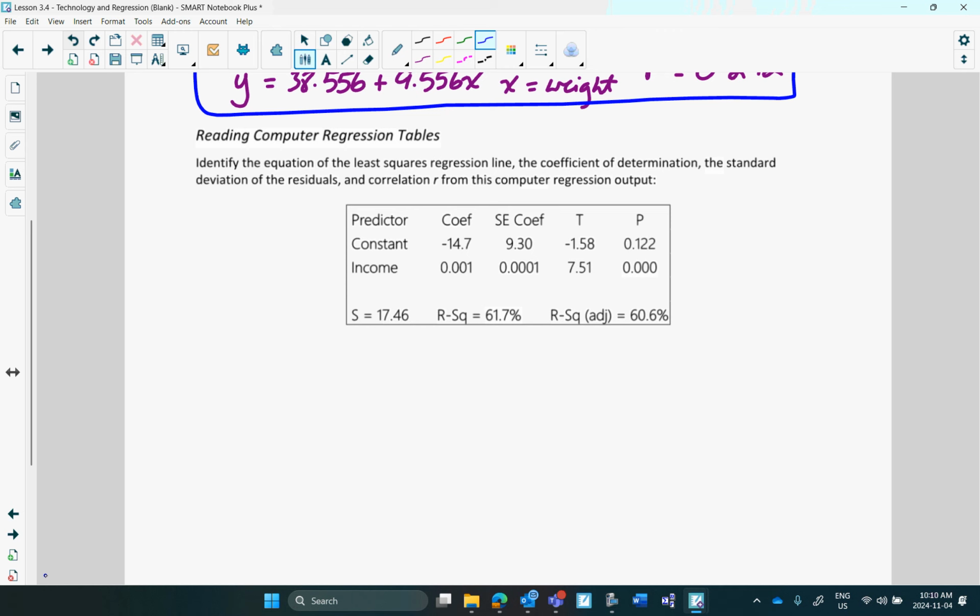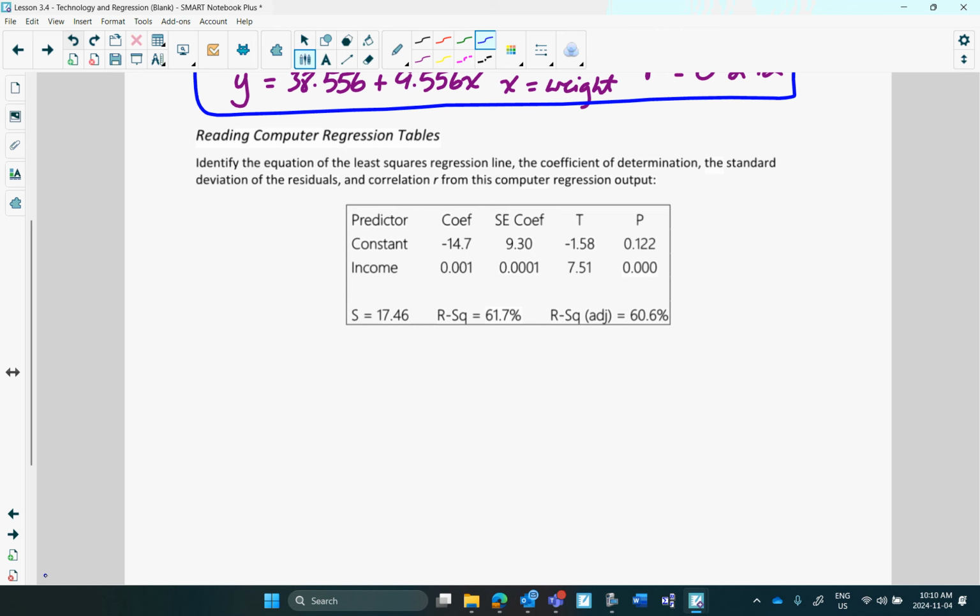So we need to identify the equation of the least squares regression line, and then S, R squared, etc.